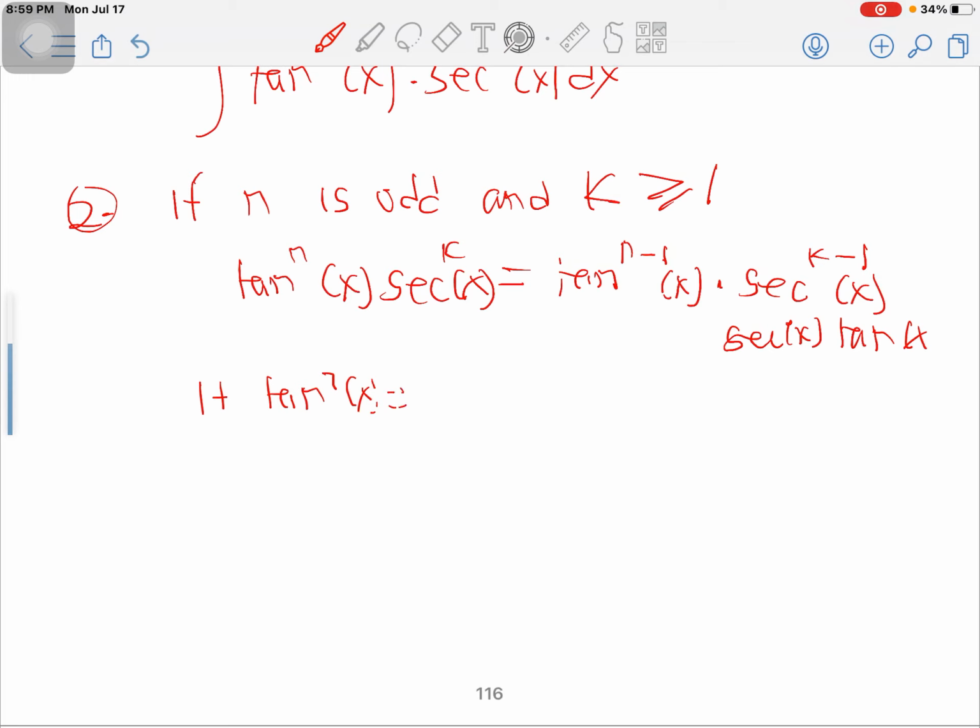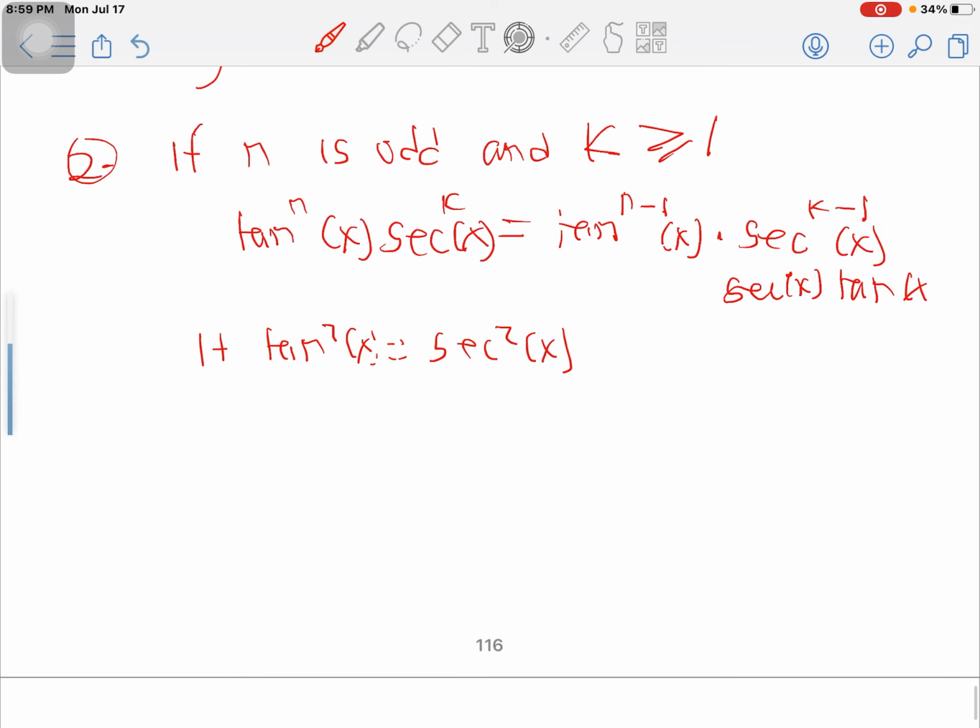So when you are done with it, we use the same identity, 1 plus tan square of x is equal to sec square of x. And for that matter, you have to make tan square of x the subject.